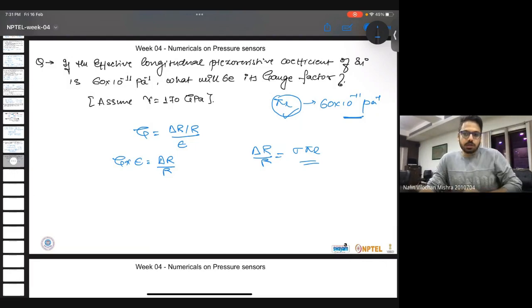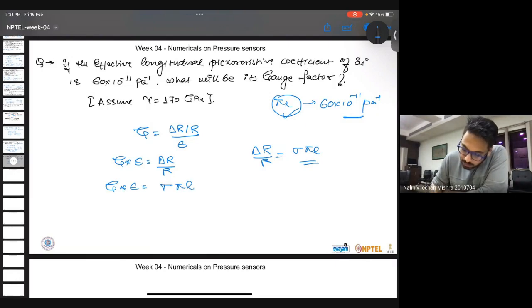So I hope you guys got the answer for this. This can be written as, if we put this value sigma pi L, and if we take out this strain and put it at the RHS, then it will be like this. We know that Young's modulus is the ratio of stress and strain.